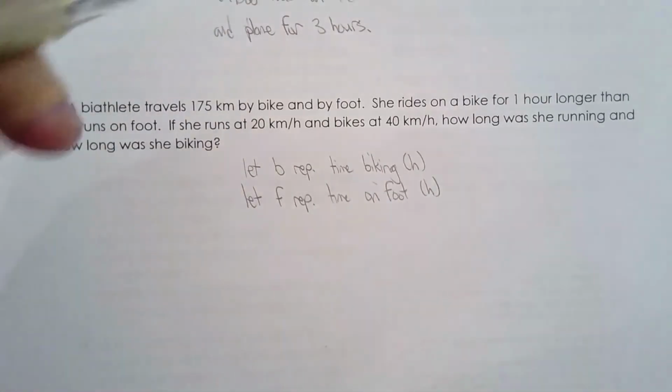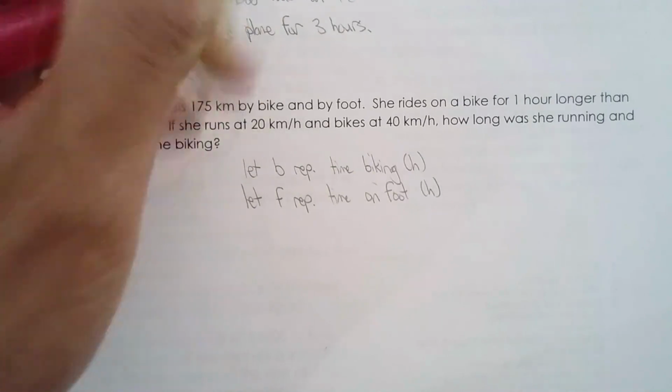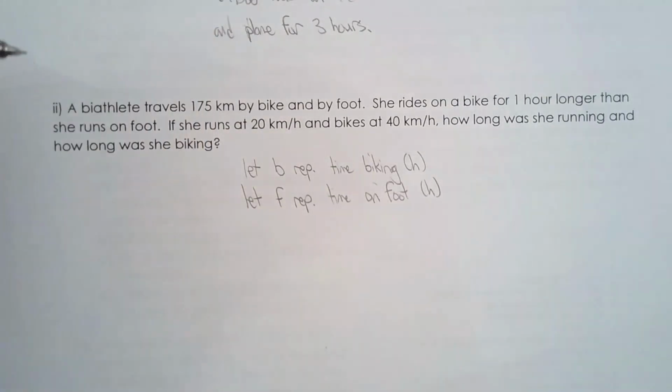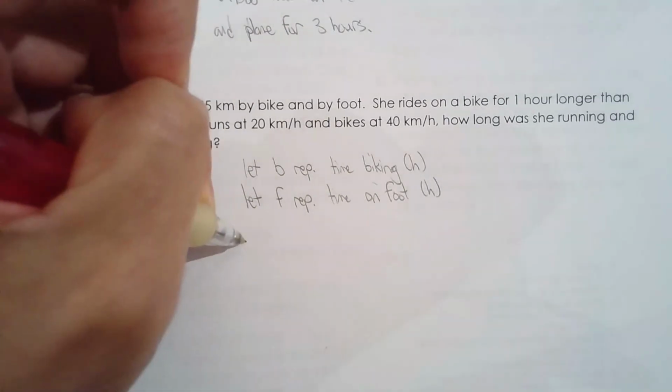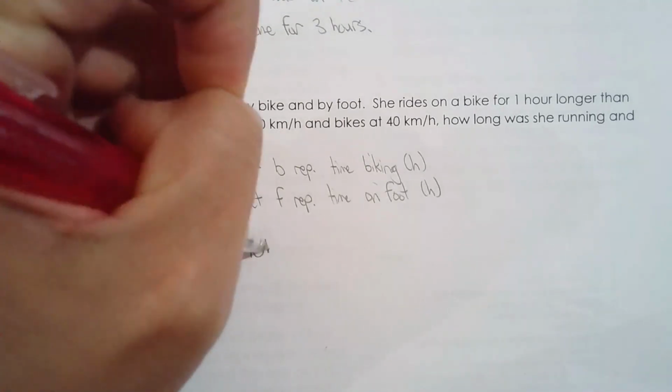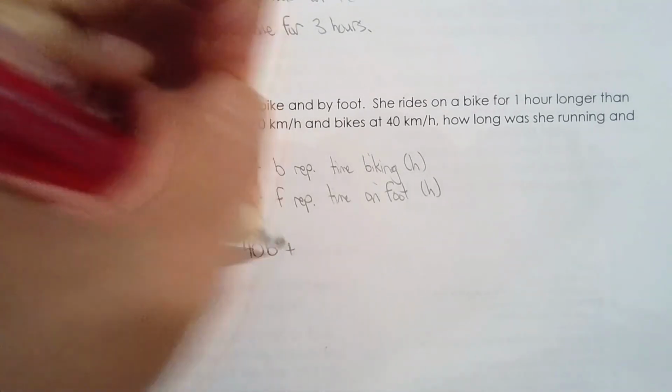I'm going to build the first equation, which is the total distance. Speed is equal to distance over time, so distance is speed times time. So biking is 40b plus 20f is equal to 175.